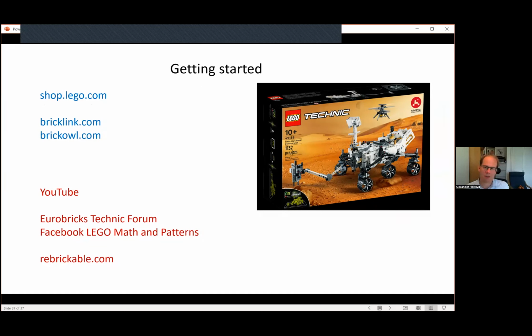So for instance, this one is very nice. This NASA rover has lots of interesting mechanisms and is fairly moderately priced. So if you do that, A, you'll have some pieces to play with, and B, actually, the official Lego models have a lot of interesting build techniques in them, a lot of interesting mechanical stuff. So that's the easiest way to learn about it.